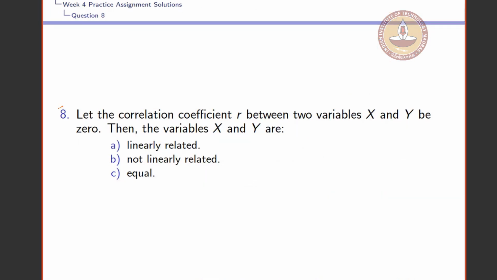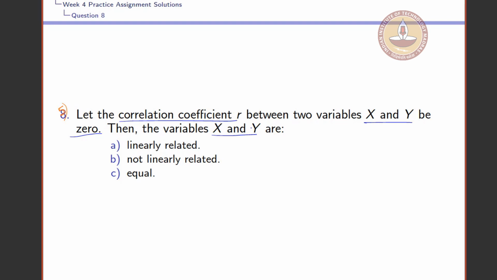So this is our question number 5. The question says, let the correlation coefficient r between two variables x and y be 0. Then the variables x and y are... how are these two variables related?